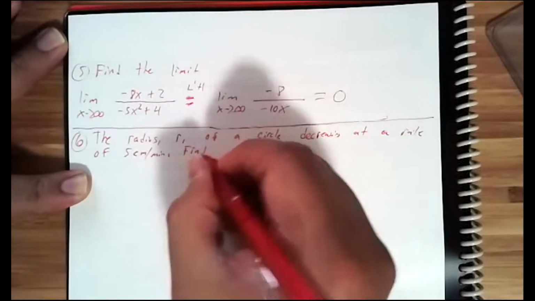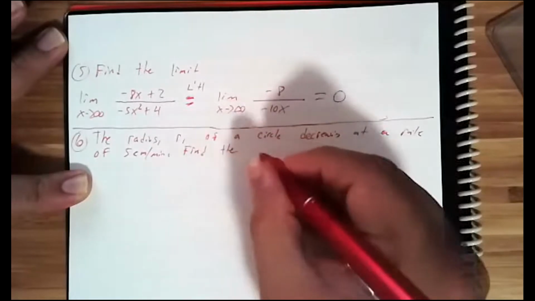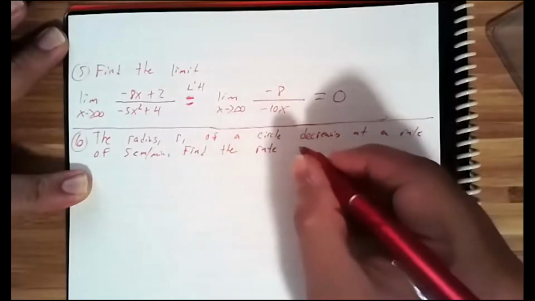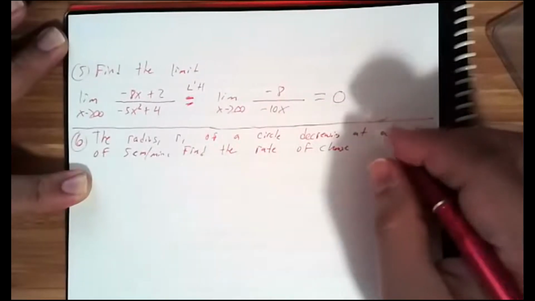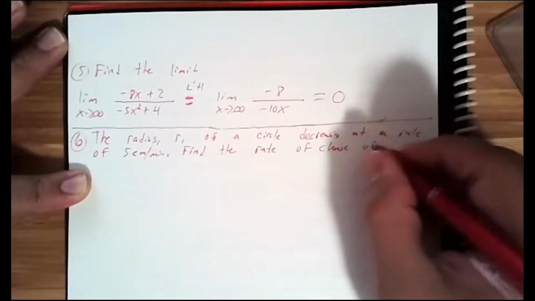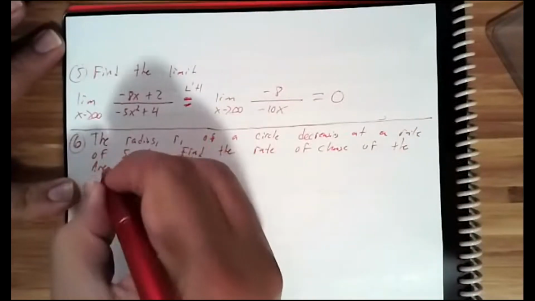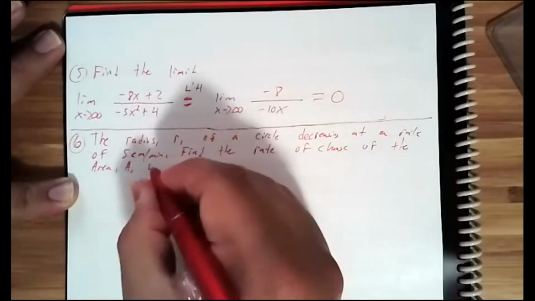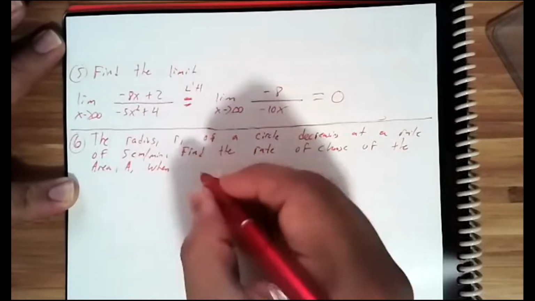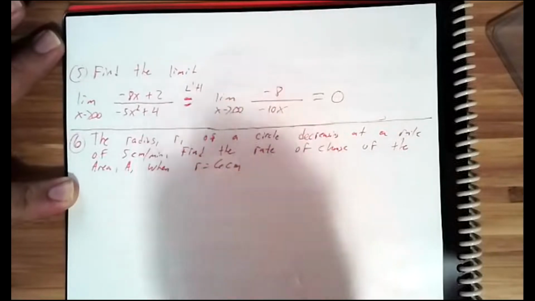Find the rate of change of the area A when r is equal to 6 centimeters.